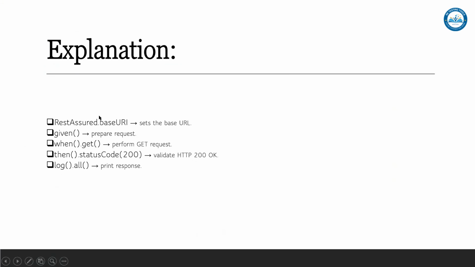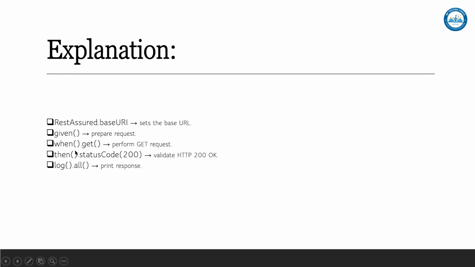So, the explanation of the RestAssured base URI: it sets the base URL, that means the endpoint URL. And given is preparing the request, which we already learned in the previous session. And when dot get is performing the GET request.